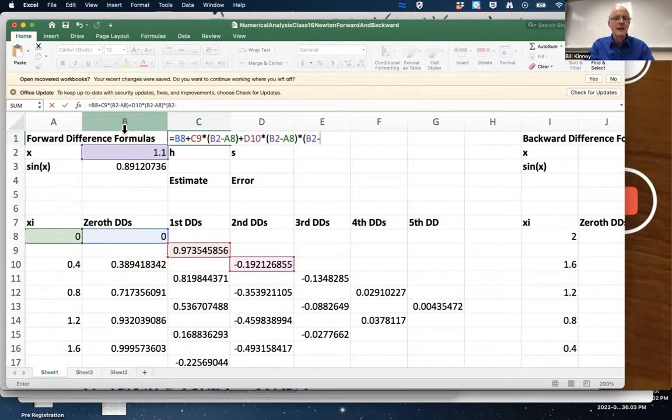Oops, A10. Easy to make a mistake here. The third divided difference is in cell E11 times x minus x0 times x minus x1 times x minus x2.